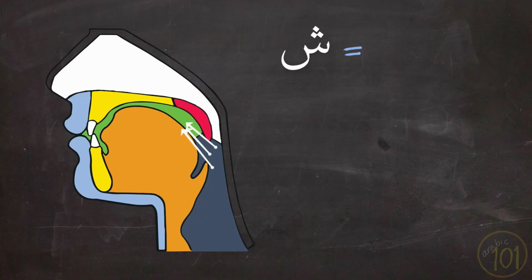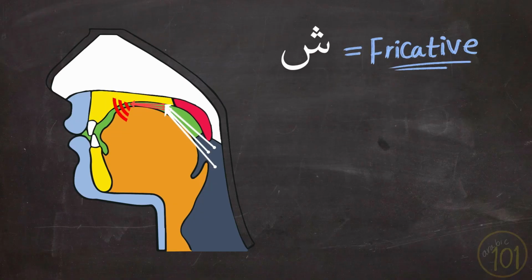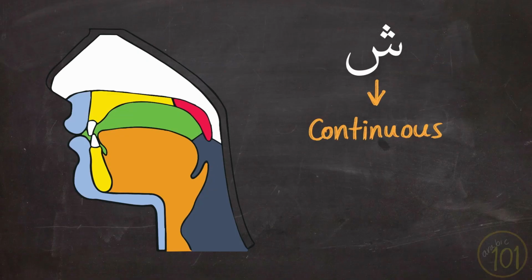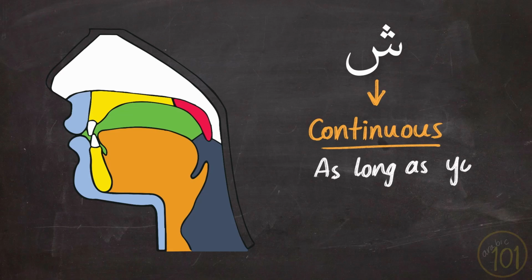So, unlike jim, sheen is a fricative sound, which means that it is produced by the sound of air passing through the small space that is created. That's why sheen is a continuous sound that will flow as long as you can push air out.